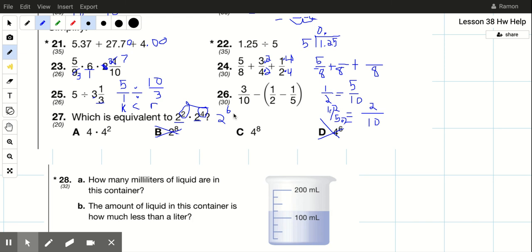As such, the base and the exponent are both bigger, meaning the number is more likely going to be bigger than the one that we're looking at. So for that reason, without having to multiply, just using what we know about numbers and exponents, we can see that 4 to the power of 8 is not going to be equivalent to 2 to the power of 6.